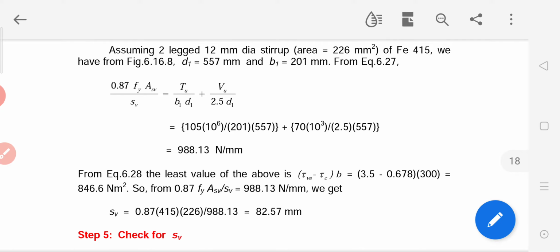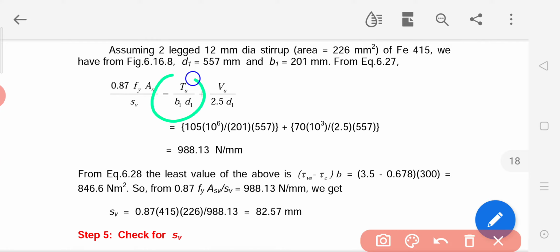For Tu upon B1 D1, Tu value equal to 105 into 10 to the power 6, and B1 is 201 and D1 is 557.